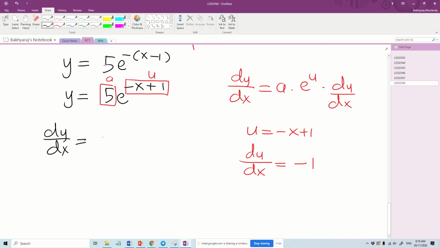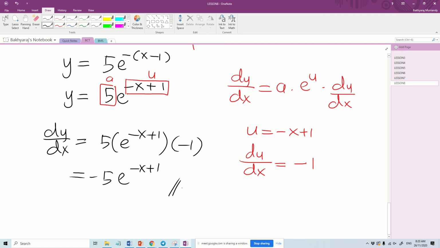So what is our last answer? dy dx will be equal negative 5. Yeah, correct. Yes, you are right. So ini negative 5, right? Okay, so 5 exponent negative x plus 1 times negative 1, you will get negative 5 exponent negative x plus 1. Okay, betul. Okay, we finish number 6.